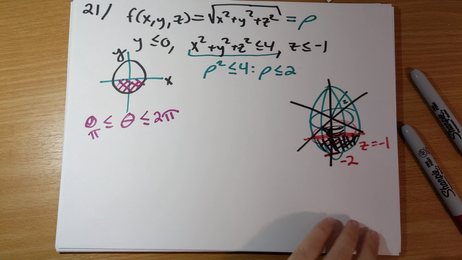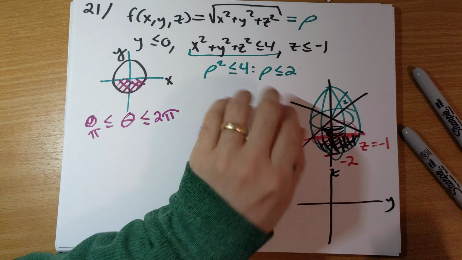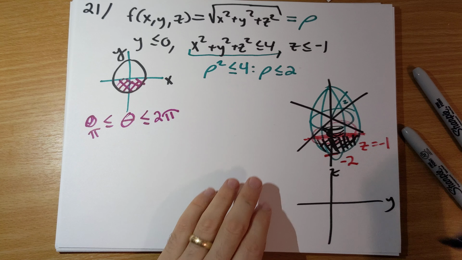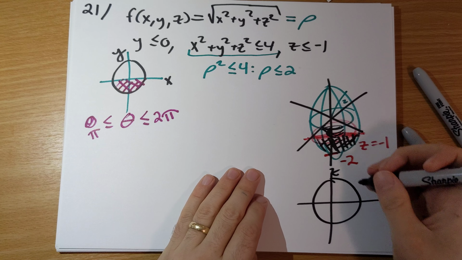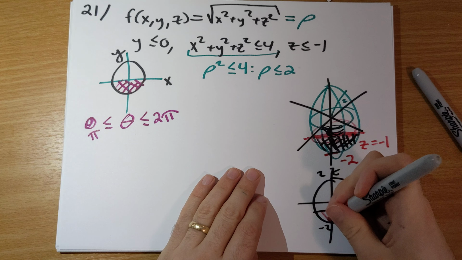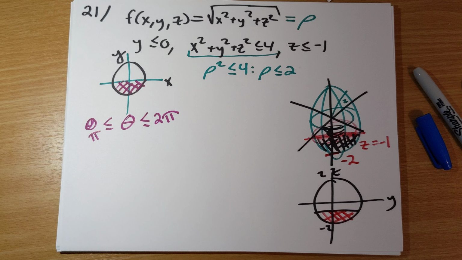In cross section, if we were to look at this from the positive y-axis, projecting this to the yz plane, what this would look like would be something like this. So what information does this tell us?